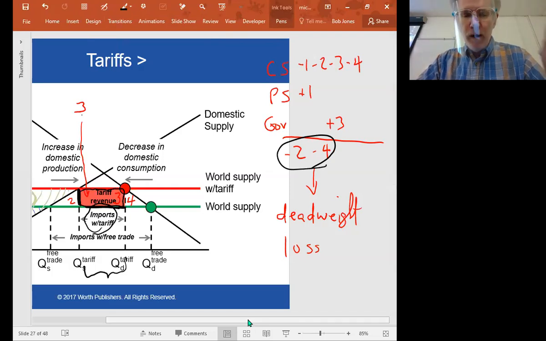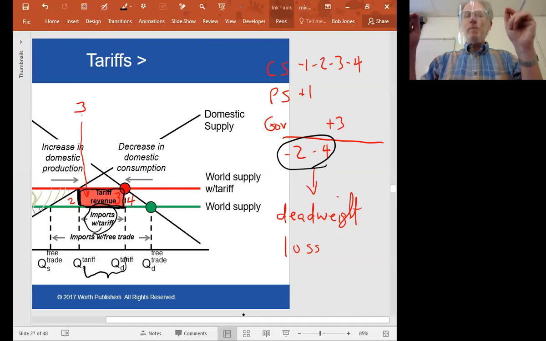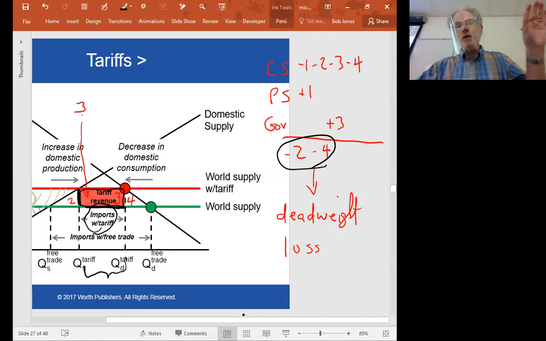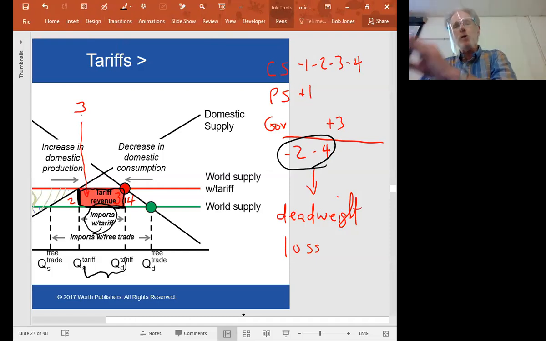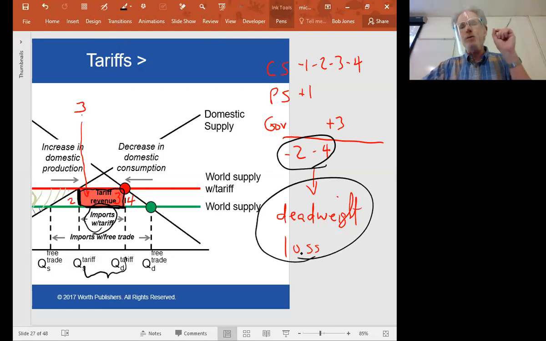Okay? By imposing the tariff, are the producers benefiting? Yes. Is the government benefiting? Yes. But the benefits to the government and the producers are outweighed by the cost. The consumers are being hurt more than the other parties are gaining, which is why we would say that a tariff creates a deadweight loss.